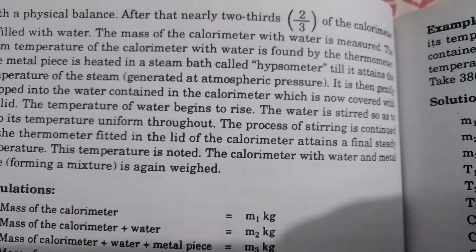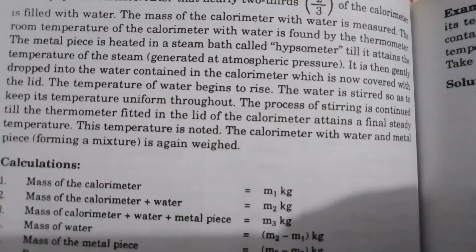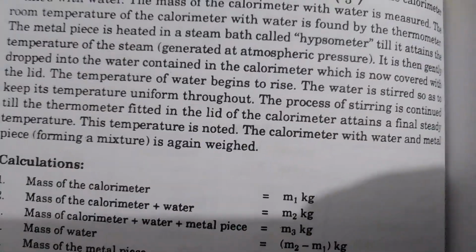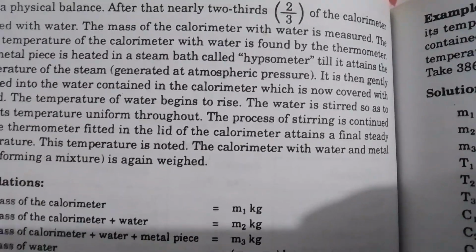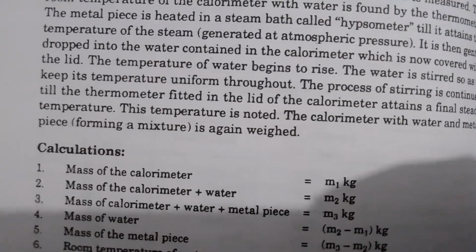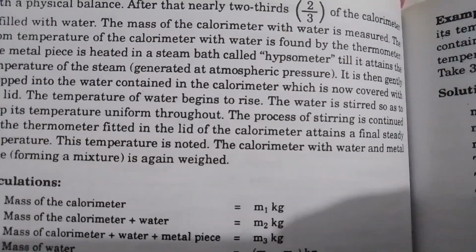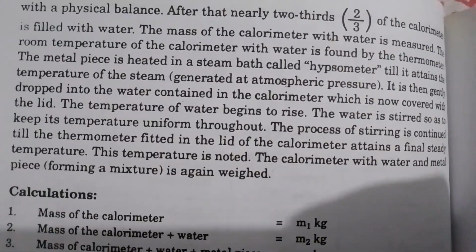The water is stirred so as to keep its temperature uniform throughout. The process of stirring is continued till the thermometer fitted in the lid of the calorimeter attains a final steady temperature. This temperature is noted. The calorimeter with the water and metal piece forming the mixture is again weighed.